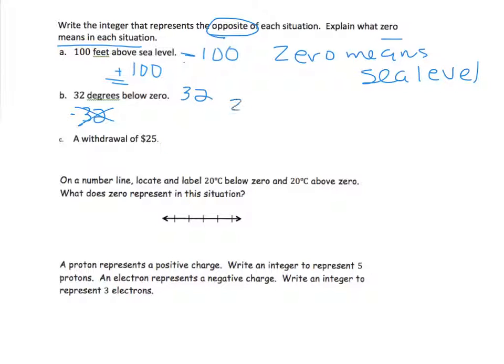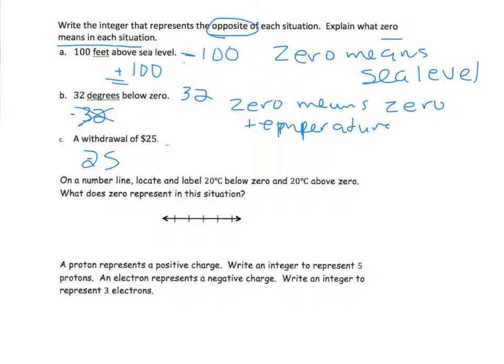And in this case, 0 means 0 temperature. And you could probably think of a better way to describe that, temperature. A withdrawal of 25. If we're withdrawing, that's a negative, but we want to know the opposite. So a positive 25.